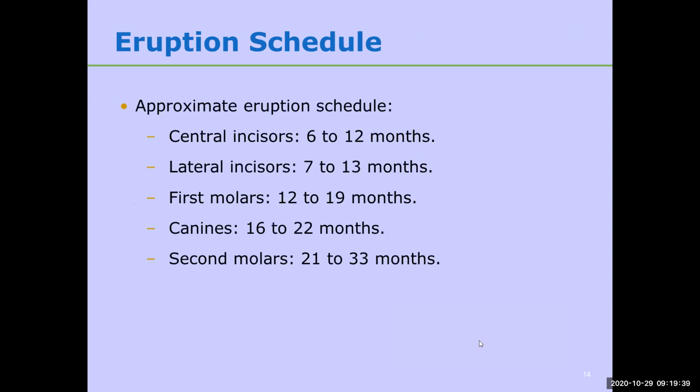You do need to know the approximate eruption schedule. In every board that you will take for dental hygiene, it's going to have a panoramic image or a periapical of some sort and ask you what age this child is. And it's always going to be a mixed dentition.